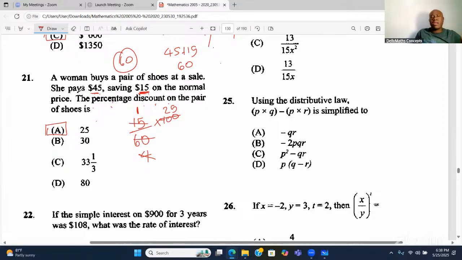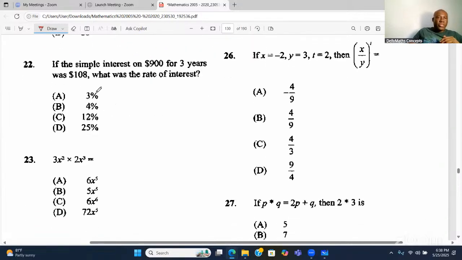So you got to think, relax, read what they say, start understanding what they're about, and you keep it going. The reason why they have C there is a lot of people put it over 45. You're going to be messed up. And they have that there because remember, the discount has to be linked back to the original, not what you paid for it, what it was, the original thing.